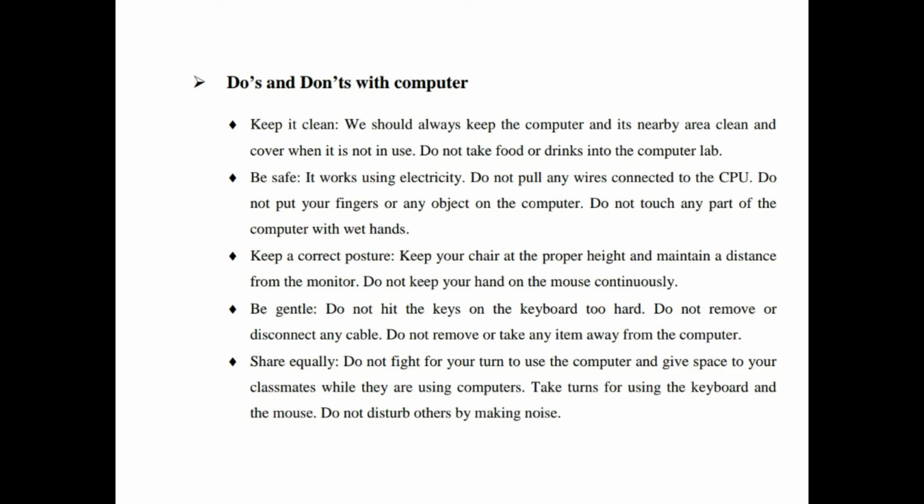If there is no proper distance between the monitor and our eyes, that may also cause eye problems. So we have to maintain a minimum distance from the monitor. That is called correct posture.